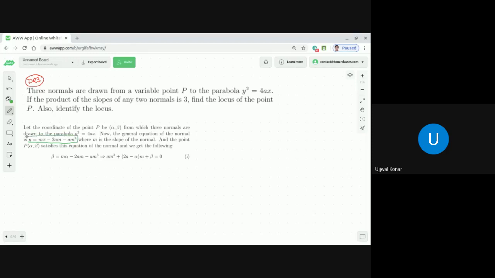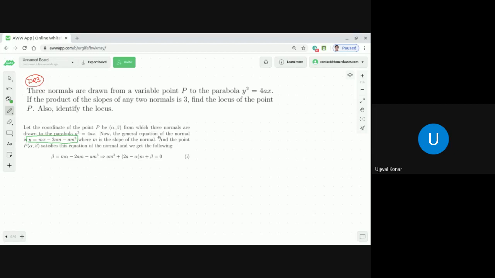And dear students, this is a cubic equation in m. As it is a cubic equation in m, there are 3 values possible, hence there are 3 normals, where m is the slope of the normals. Now, the point alpha comma beta satisfies the equation of the normal, correct?